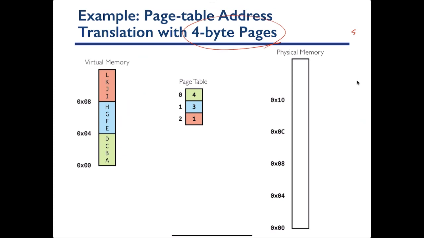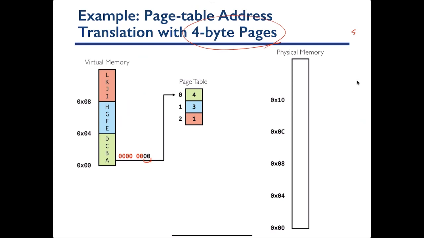Now let's look at the mapping here from the virtual memory to physical memory. So let's look at an address 00 here and see where it's mapped. So we're going to put 2 bits aside for offset. So these 2 bits are offset because each page is 4 bytes.